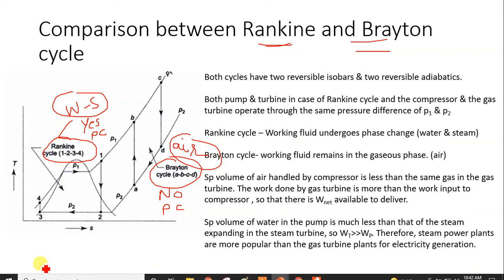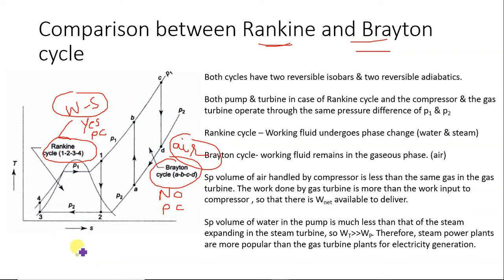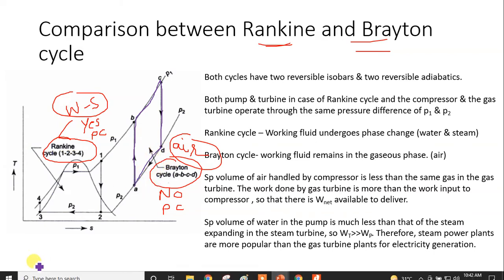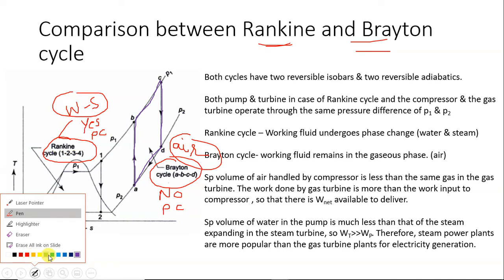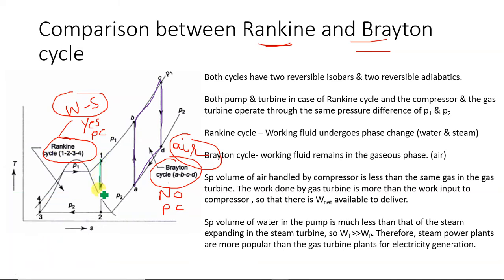So here if you observe this A, B, C, D to A, this is the Brayton cycle. Whereas if you consider 1, 2, 3, 4 to 1, this is Rankine cycle. So Brayton cycle has been shown in purple color and Rankine cycle has been shown in green color.